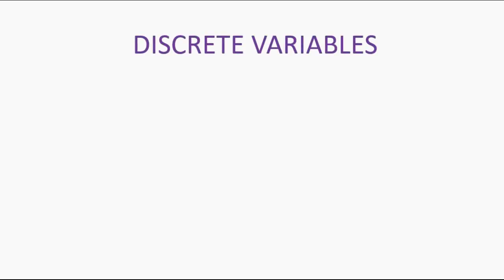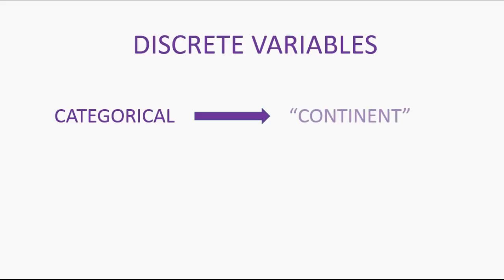There are really three different kinds of discrete variables. Categorical, like continent. You would answer the question what continent you're from, and then we would place that in a different category. And if there were 7 continents, there would be 7 different categories for that variable.